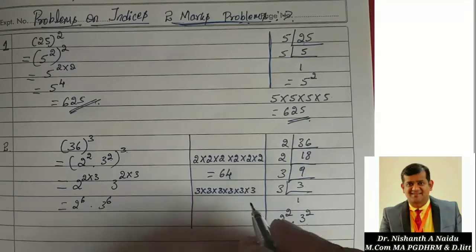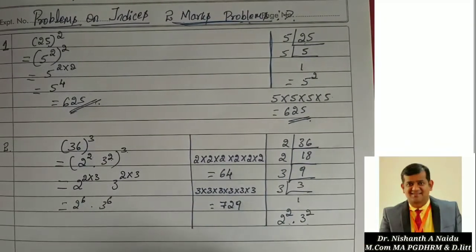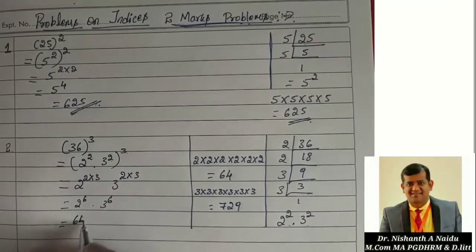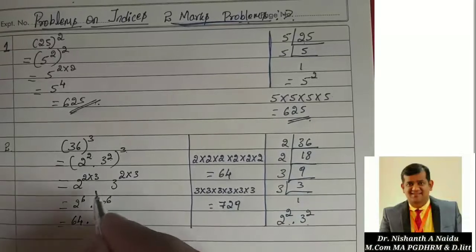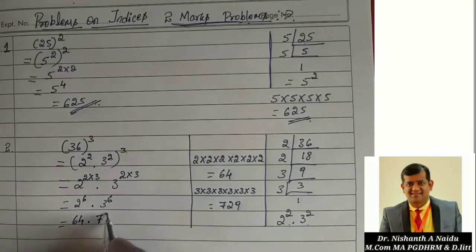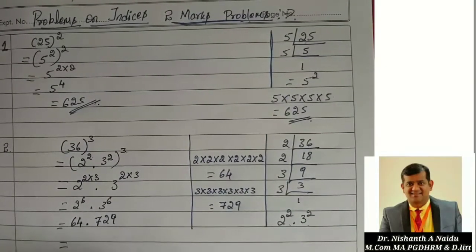That is 729. So now this value I am putting here, 64 into 729. So now multiply this 64 into 729.